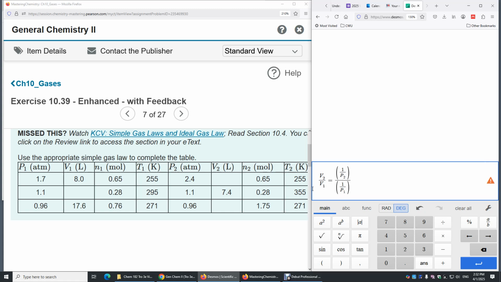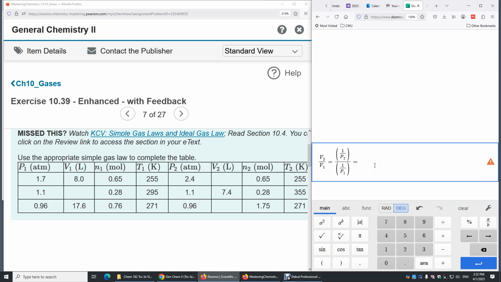Because again, volume is inversely proportional to pressure. And then we can simplify this. It's going to be P1 over P2. And for P1 over P2, we have the values 1.7 over 2.4.